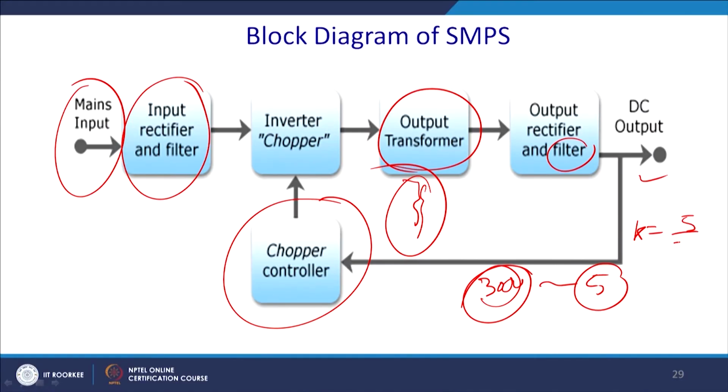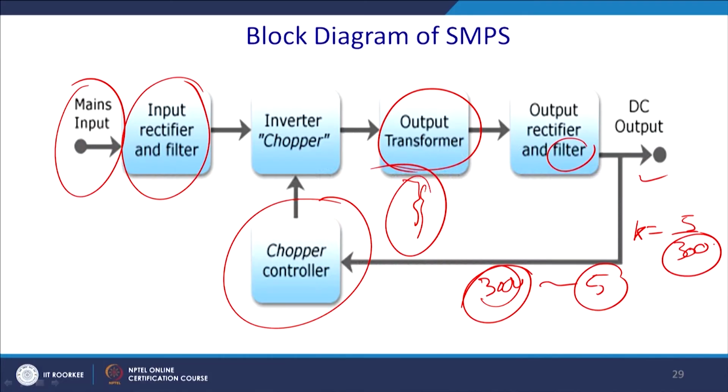So, if you use a non-isolated DC to DC converter, what you will get is basically 5 by 300, and you will be forced to operate in discontinuous conduction mode. And the analysis we have studied, this ratio will also be flawed then, because we derived it for the continuous conduction mode.